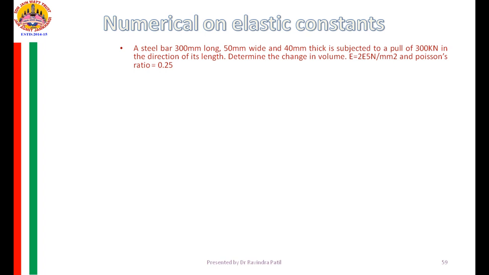The relationship between the Young's modulus and bulk modulus is E is equal to 3K into 1 minus 2 mu. Then we arrived at the relationship between the three elastic constants, that is E is equal to 9KG divided by 3K plus G.